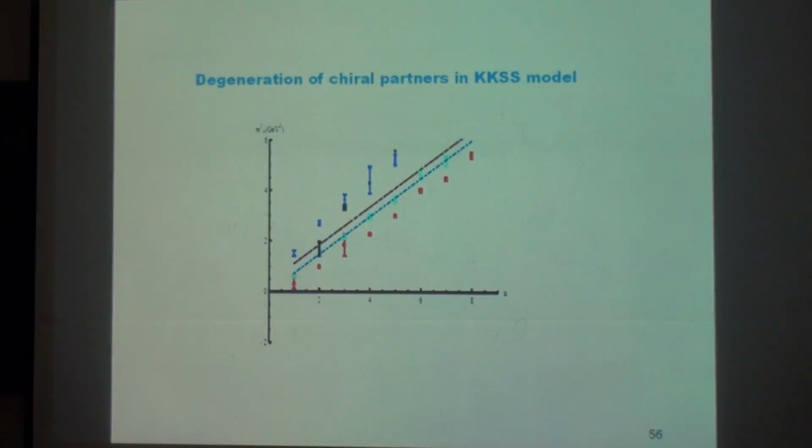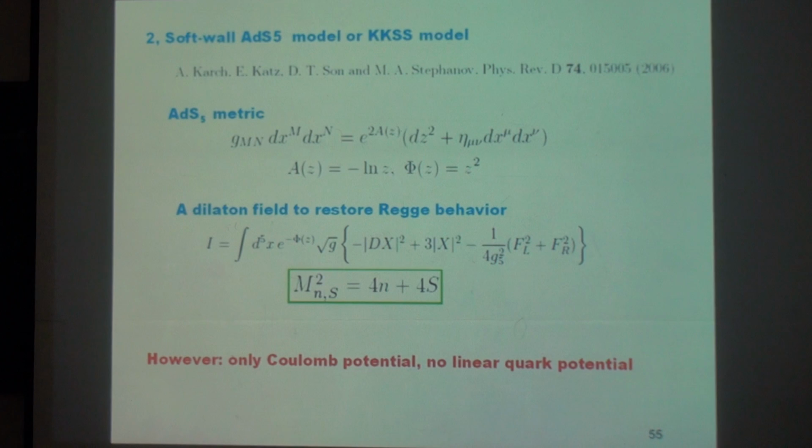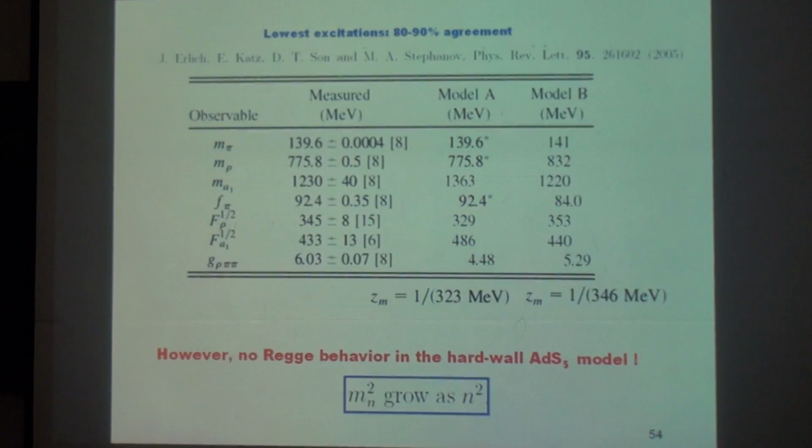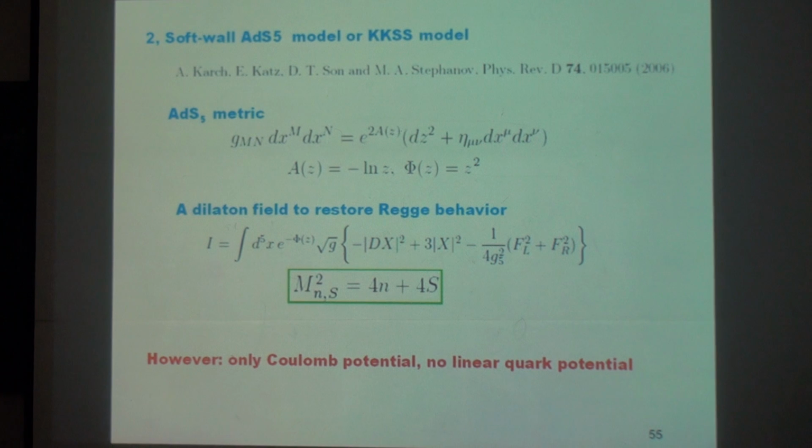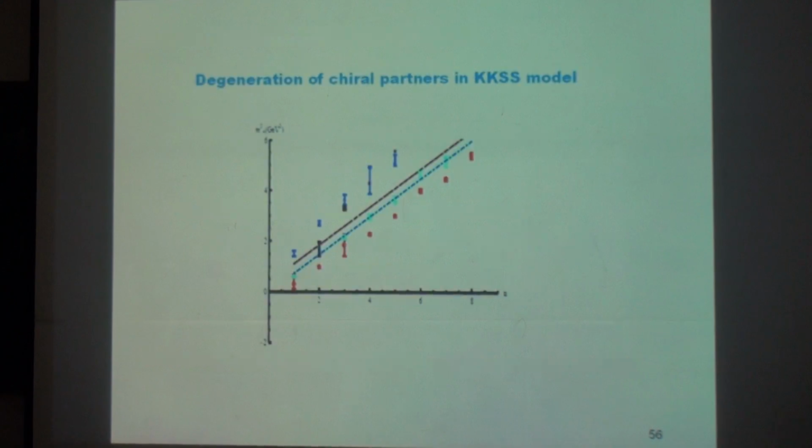So maybe I briefly review what efforts have been made by some other groups to improve this KKSS model, because the KKSS model solved the Regge spectra only for rho mesons. But actually, there are some problems in this model.